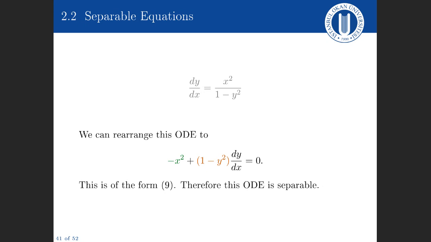We have a function only of x plus a function only of y, dy/dx is equal to 0. This is of the same form as equation 9. So this equation, the bottom equation, is a separable ordinary differential equation.